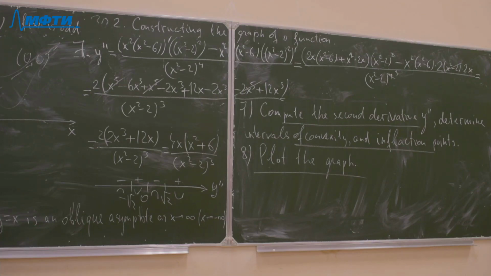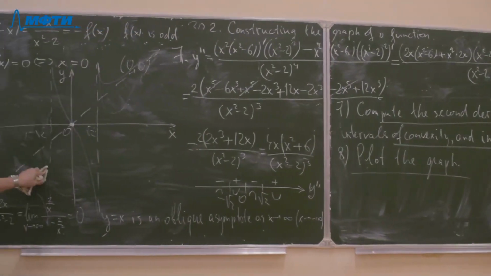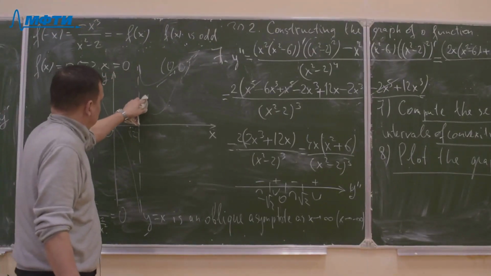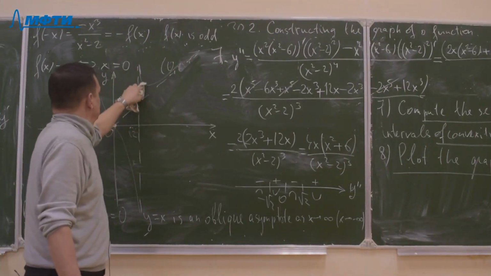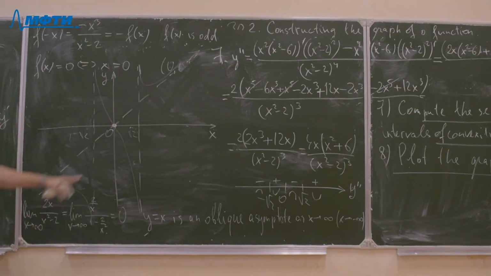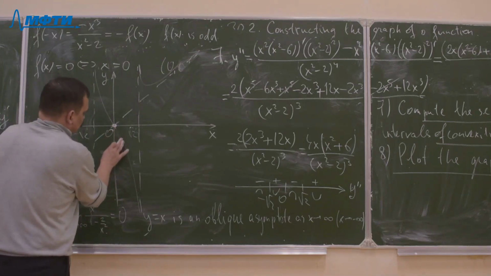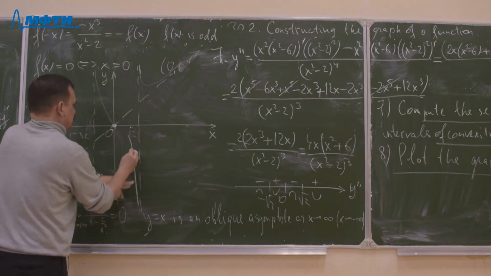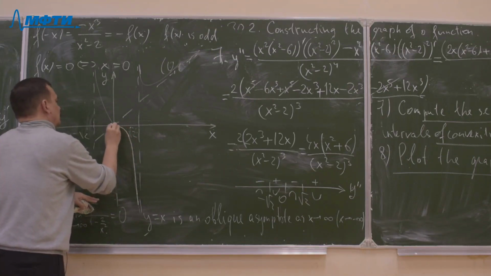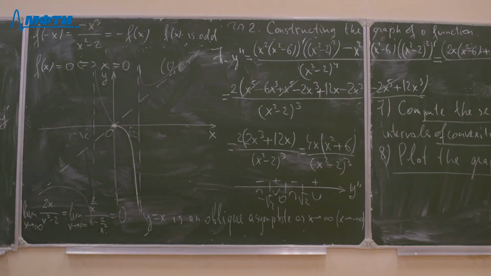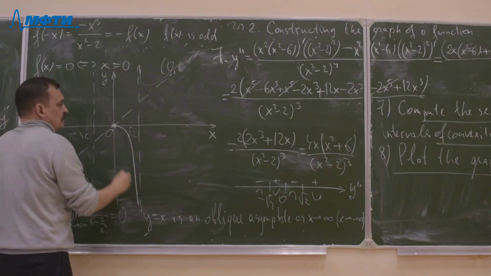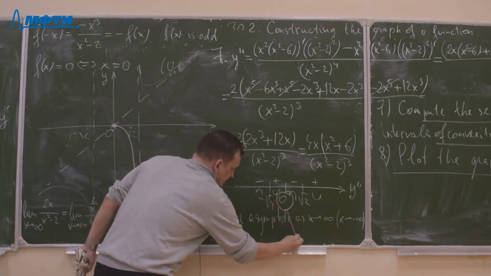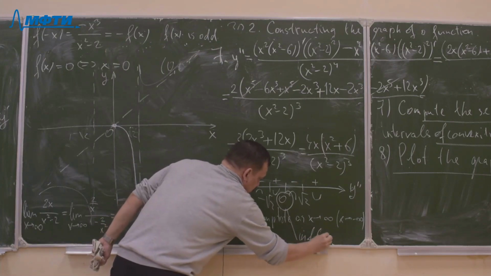You see that I can erase this version of the graph because the direction of convexity is positive here. Also, I can draw the graph more precisely near the origin, because now we know the derivative at 0 is 0, right? So it means that x equals 0 is an inflection point.